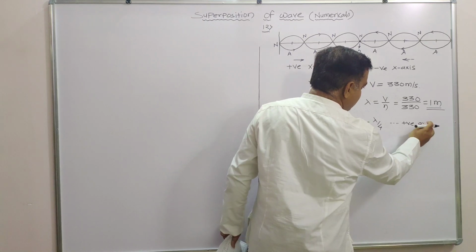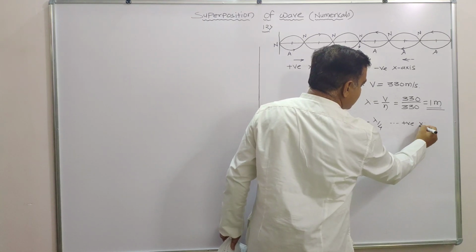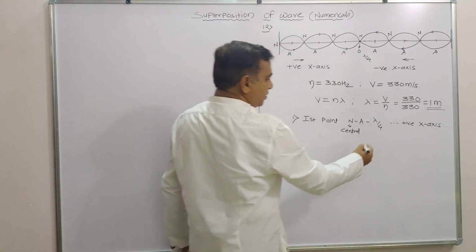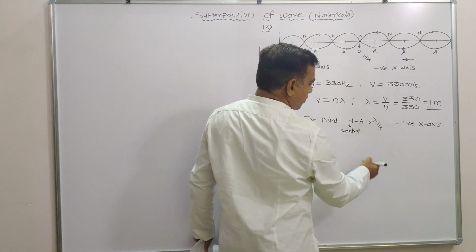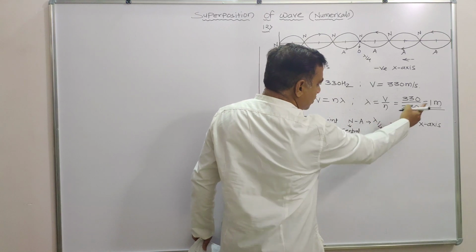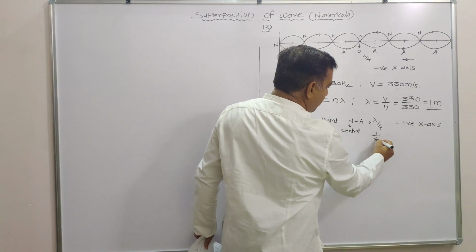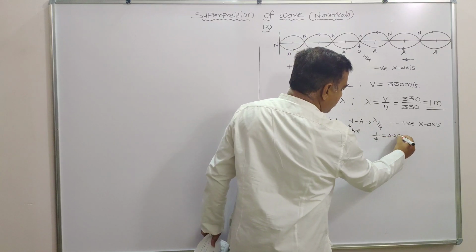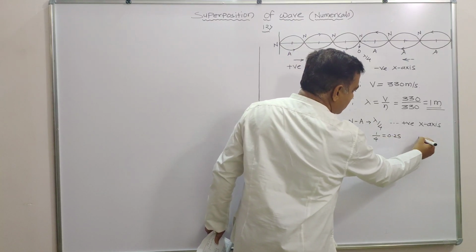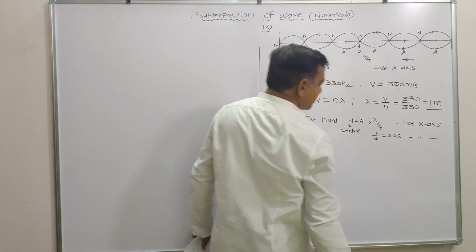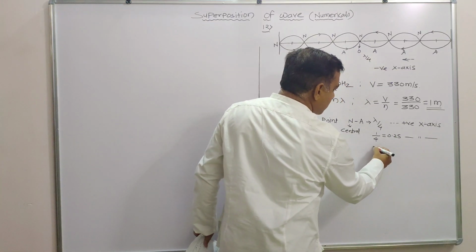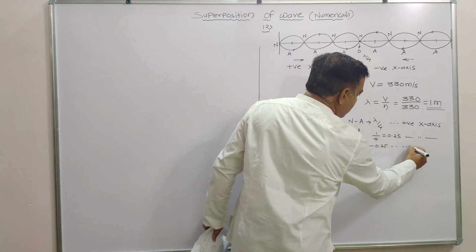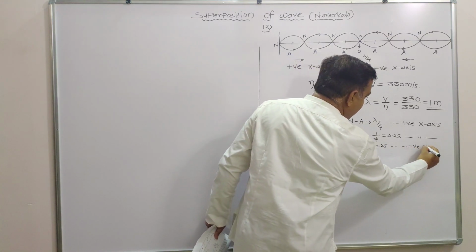We already know lambda is equal to 1, so 1 by 4 is equal to 0.25 along the positive x-axis. What about minus 0.25? That is along the negative x-axis.